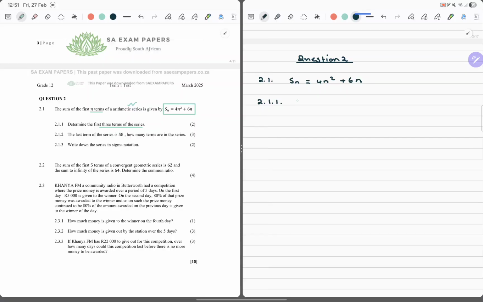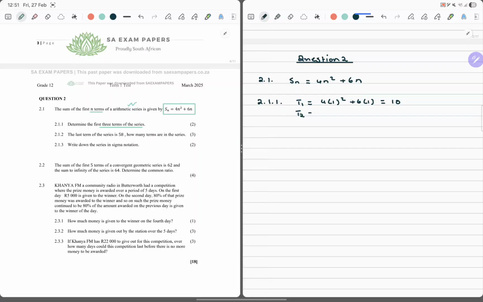We know, folks, that term 1 is going to be equal to s1, right? So I'm just going to rush in and say it's going to be 4 into 1 squared plus 6 into 1, which is equal to, this is 4 plus 6, that's 10, right?